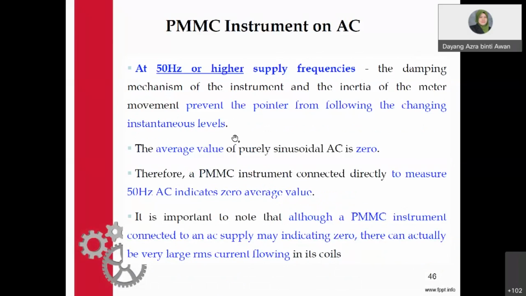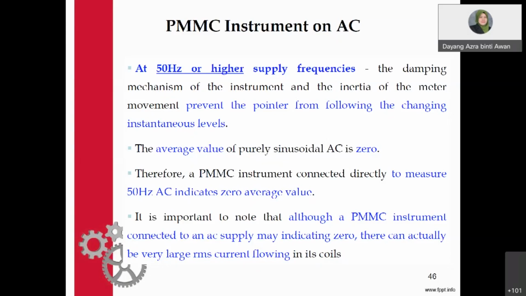So we can have 50 hertz or higher frequency supplies. The damping mechanism of the instrument and the inertia of the meter movement can prevent the pointer from following the changing of the instantaneous level. So the average value of purely sinusoidal AC is practically zero. Okay, if it is practical, sometimes we have a value because of the environment, like your temperature, your room, and also the surroundings of your lab.